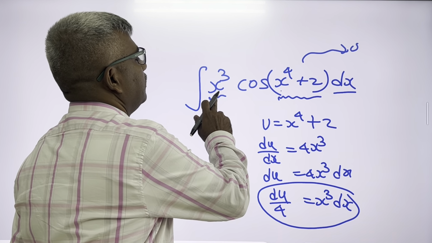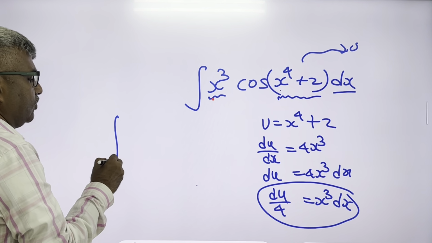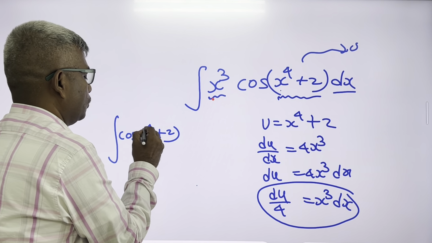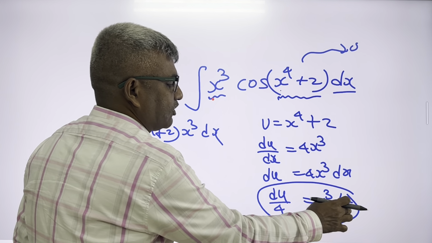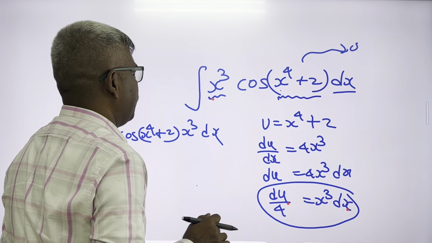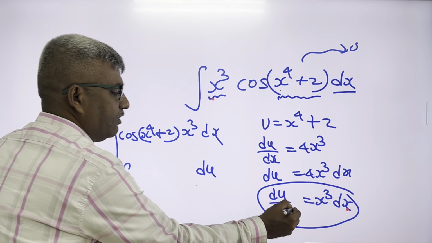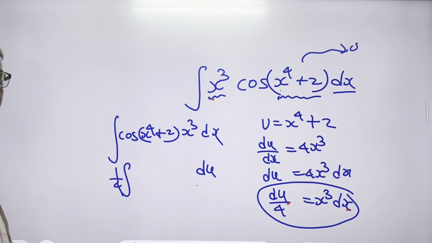Okay, now I am rewriting. Actually it is nothing but cos of x power 4 plus 2 times x cube dx. Instead of x cube dx, I am going to put du by 4. I can take 1 over 4 outside, right?